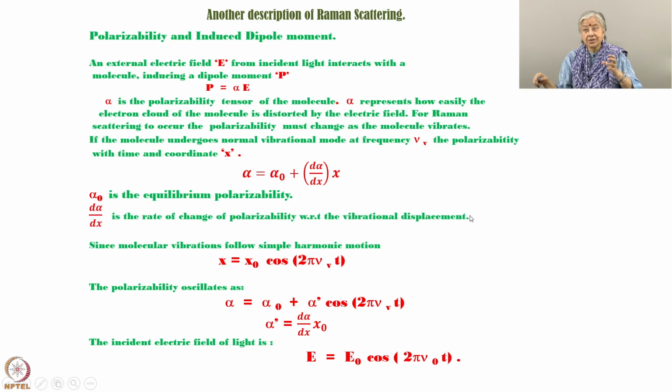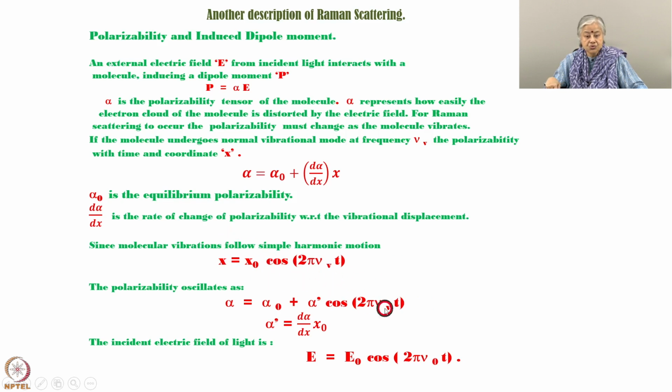So, it has taken some energy from the laser and starts vibrating, and that brings in the displacement, it keeps on vibrating. So, alpha is also changing. If such a thing happens, then only Raman scattering can occur. Since the molecular vibrations follow simple harmonic motion, I can write x equals x 0 cos 2 pi nu v t.